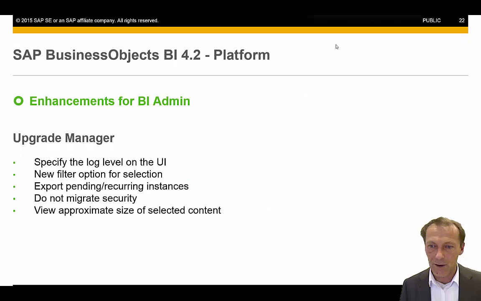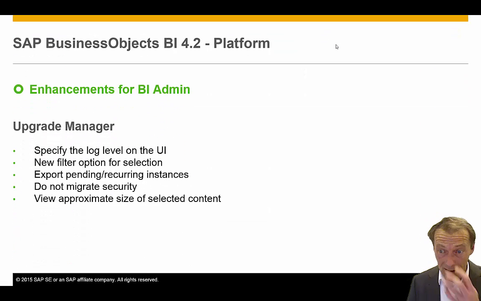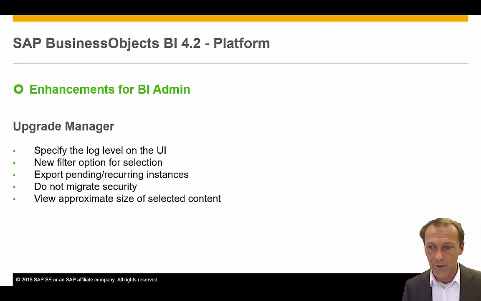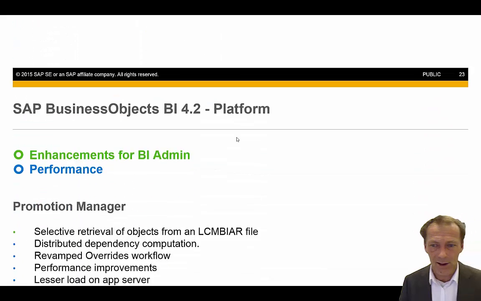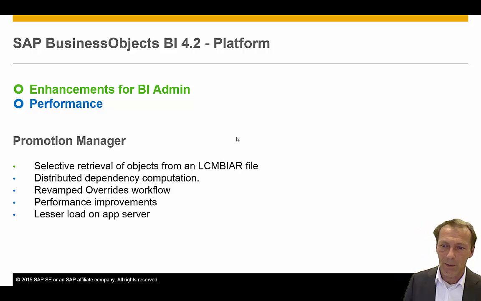We proceed. The upgrade manager has new filter options over there. You can choose to not migrate security if you wish. Exporting pending and recurring instances is now possible. Promotion manager is also really improved.